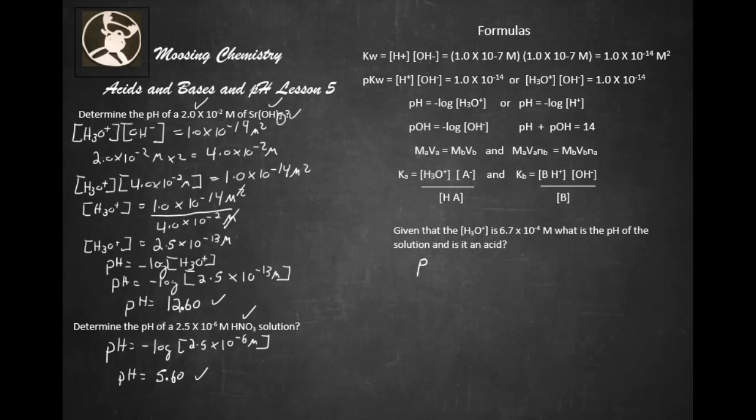So we just go pH equals negative log of H3O plus. Not too shabby. So pH equals negative log of 6.7 times 10 to the negative 4.